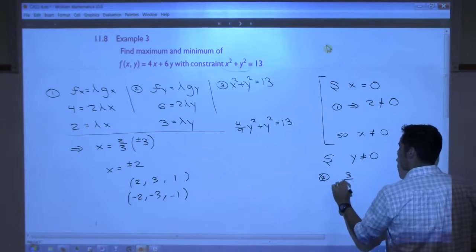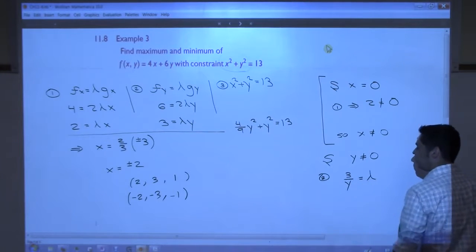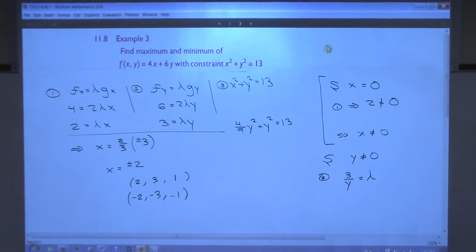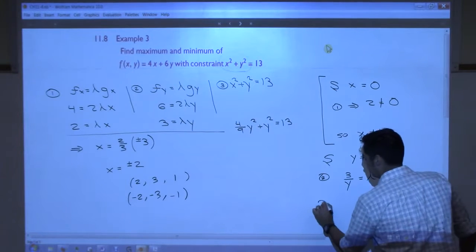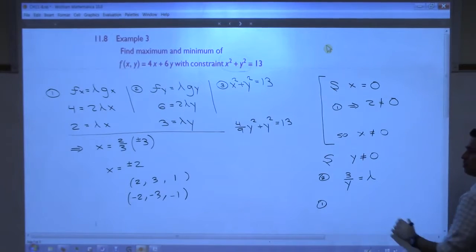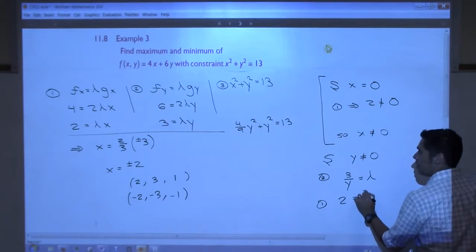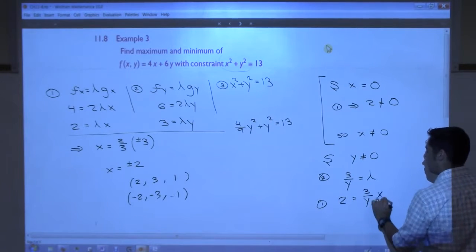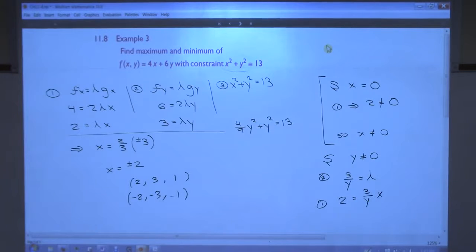So that would get 3 over y equals lambda. And then I could plug into equation 1 with that. And my equation would be 2 equals 3 over yx. Starting to look a little familiar. This is what we did just a second ago.